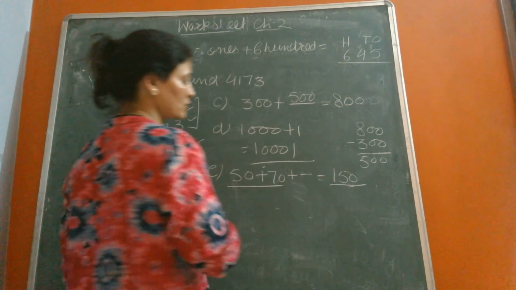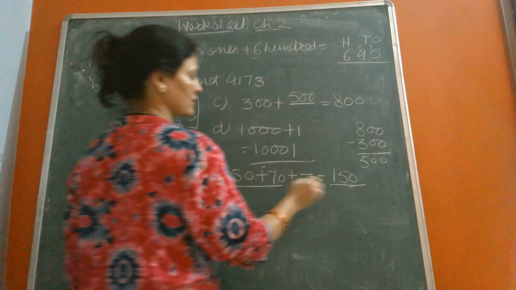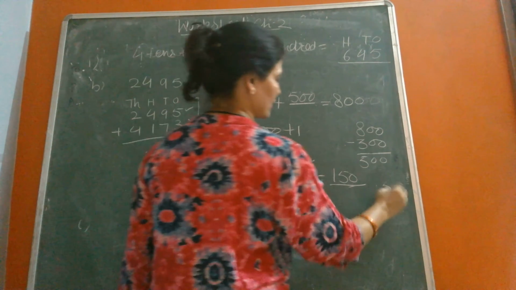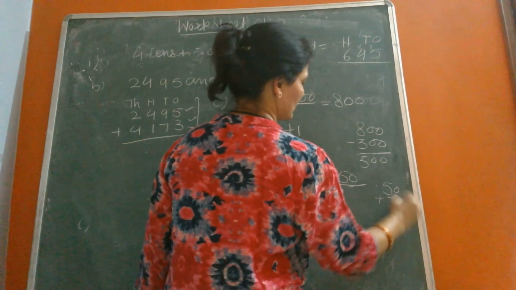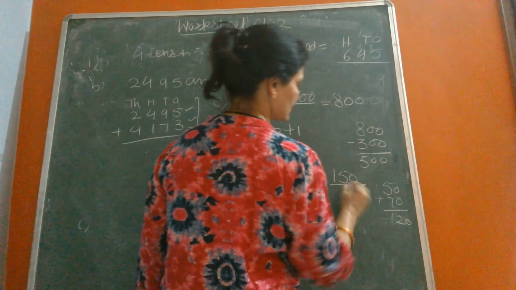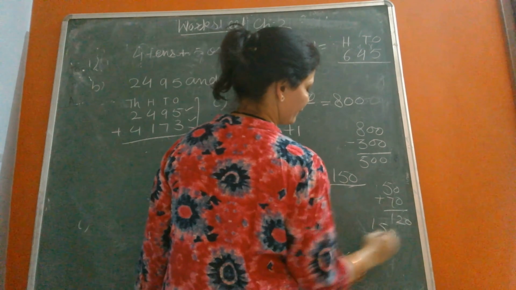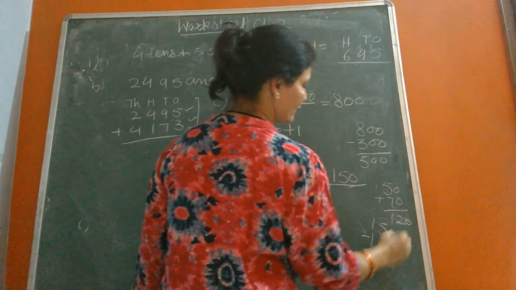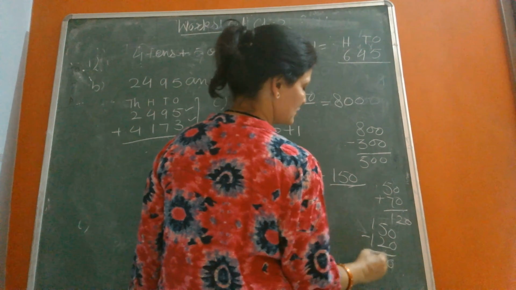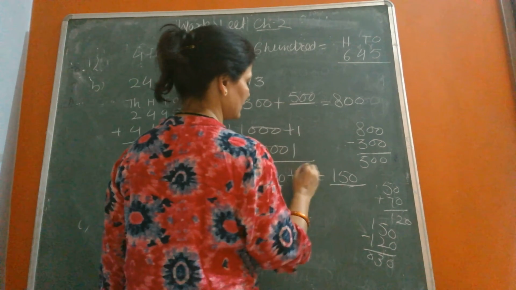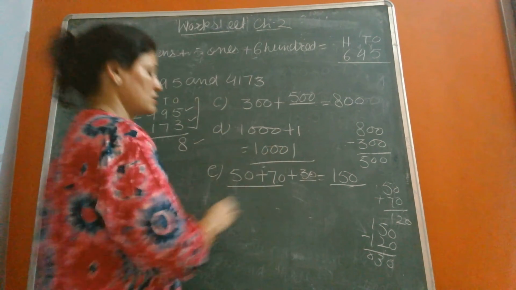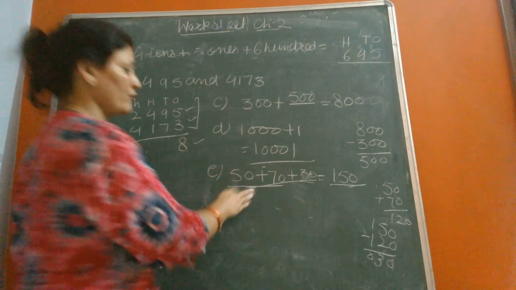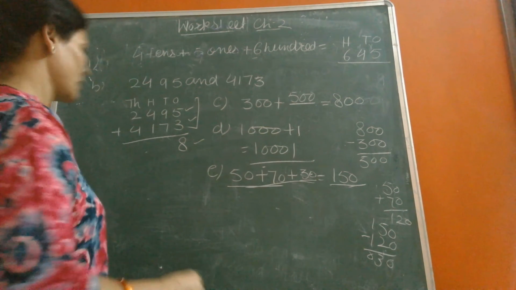We will add both numbers, 50 plus 70, and subtract the result from 150. 50 plus 70 is 120, and we subtract 120 from 150. What is the answer here? 30. If we add these numbers, we get 150 again. So 150 is equal to 150.